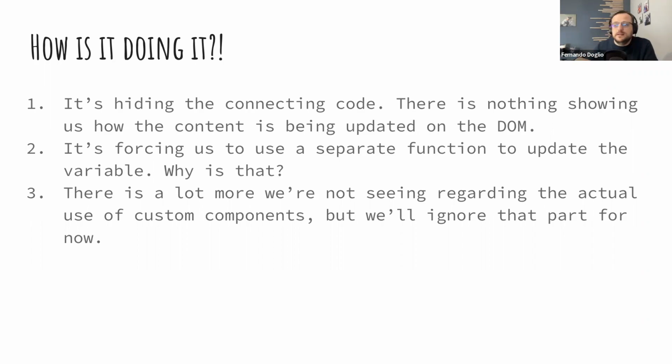And finally, there is a lot more that could be happening as part of the JSX parsing code that I'm not going to be tackling. As you're going to see in a minute, I'm going to ignore the JSX part. I'm going to give you an alternative that is less elegant, let's put it that way, but that works as well. There might be, as part of the JSX parsing code, more logic that we're not seeing here.